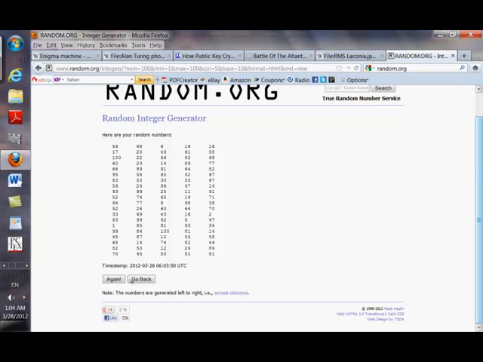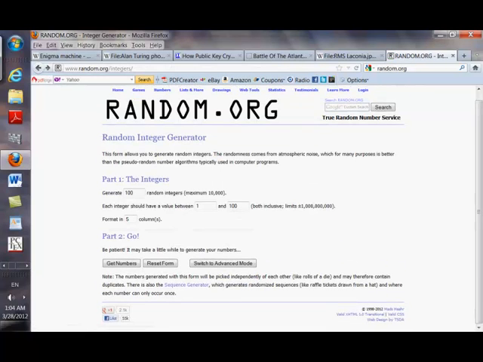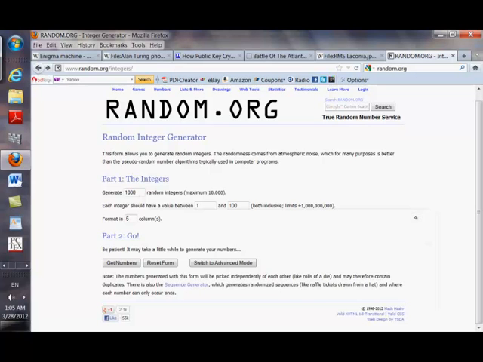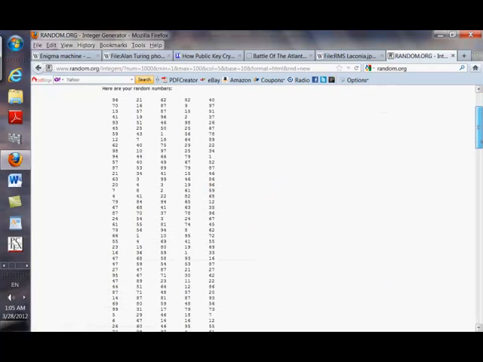Now, if we go back and we say that we want to generate 1,000 numbers, here are the 1,000 numbers.